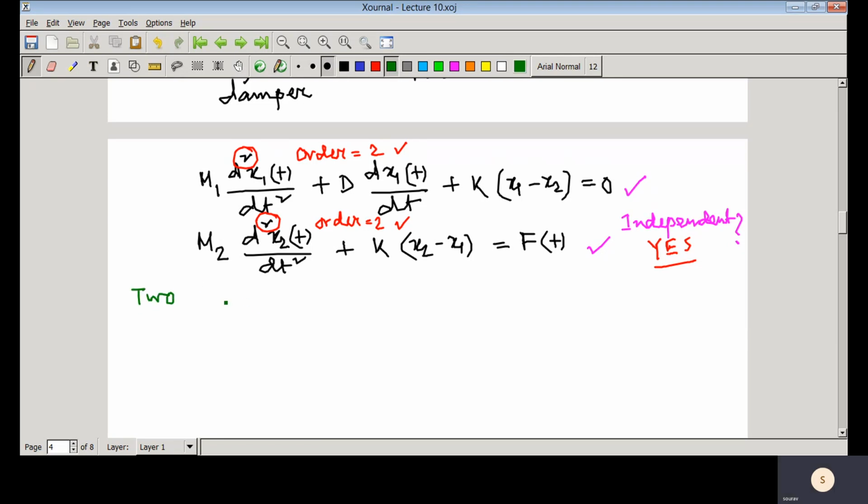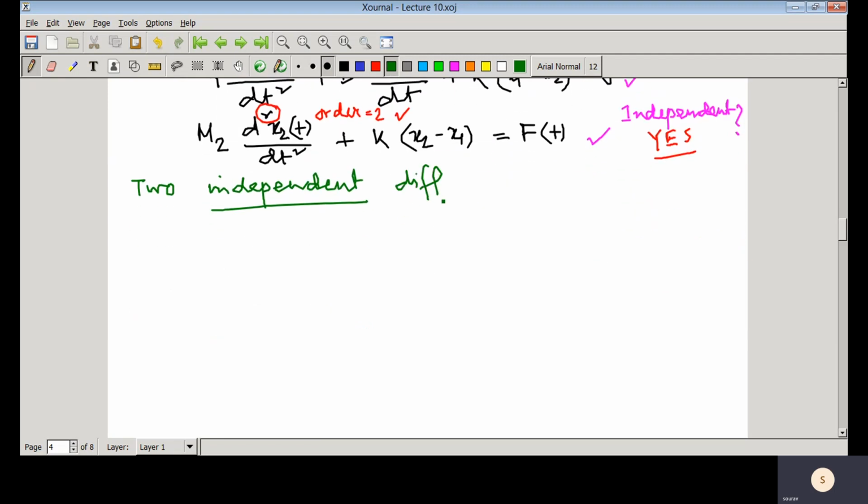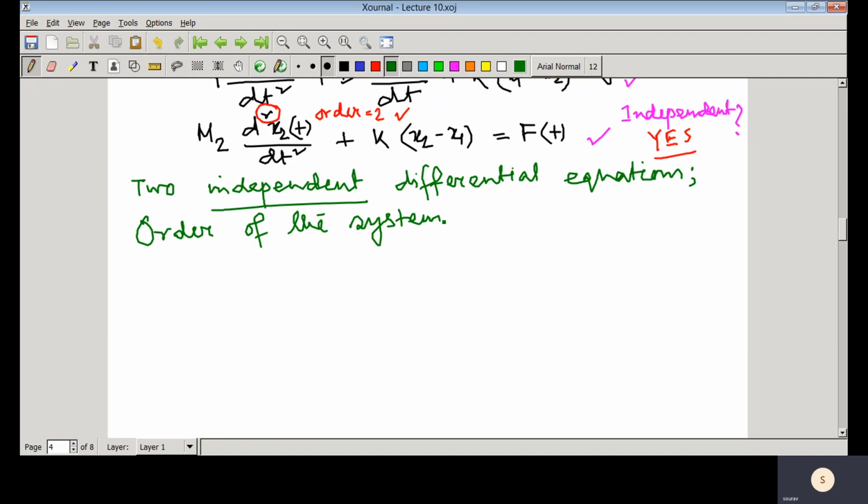So the order of the system, as you know, is equal to the number of state variables you need to describe that system, which is equal to the sum of the orders of the differential equations.